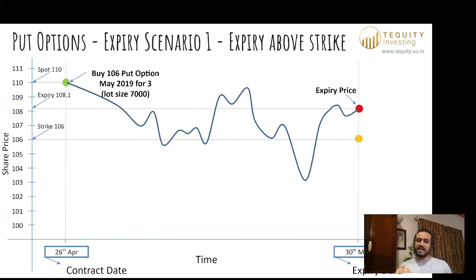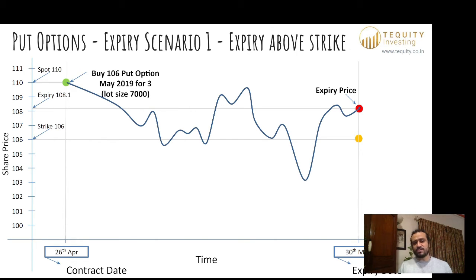So it has expired above the strike price. Now we do know that for a put option to have intrinsic value, it should expire below the strike price. The intrinsic value of a put option is calculated by strike price minus spot at expiry. So that is the intrinsic value of a put option.